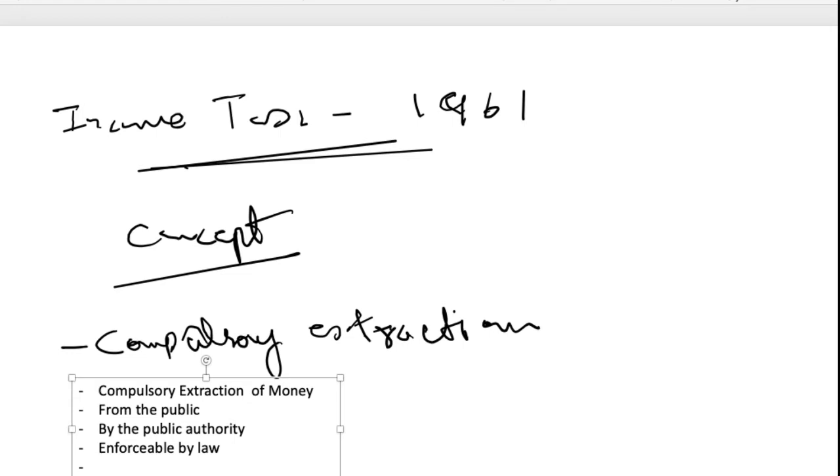The state has to minimize the concentration of wealth in very few people.